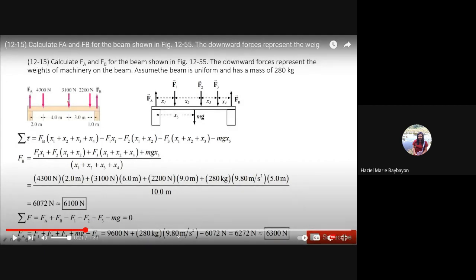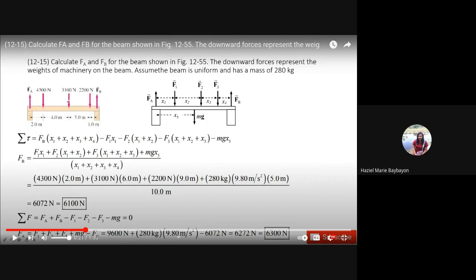Now, what we need to find, class, is F2. F2 can be obtained by this equation, R multiplied by F2. So F2 is equal to T2, the torque, divided by R. The torque is 44,000 newton meter divided by R, which is the distance of F2, at the farthest end. So 2 plus 4 plus 3 plus 1, that is 10 meters.